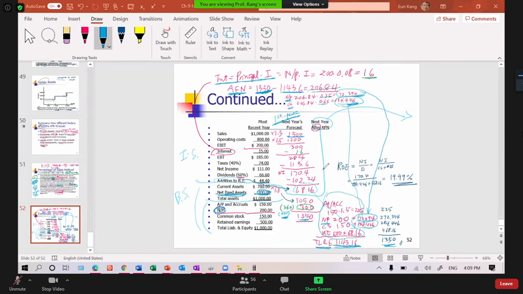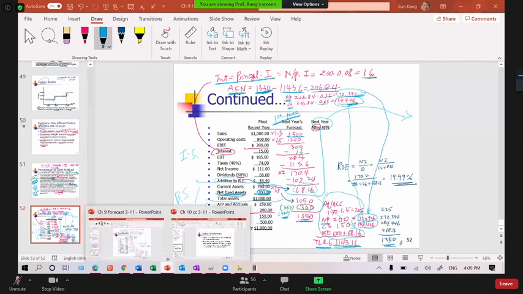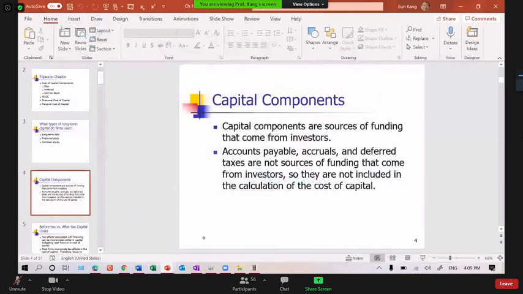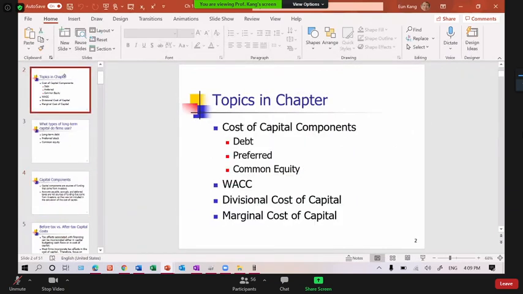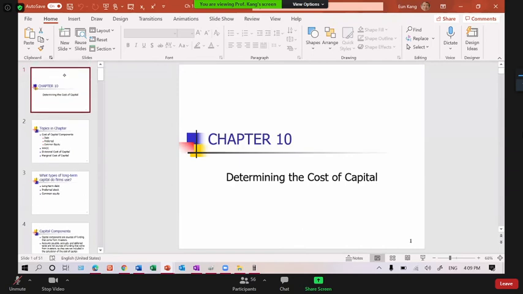So let's go back to chapter 10, which is determining the cost of capital.